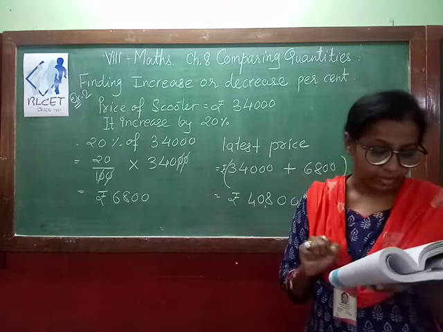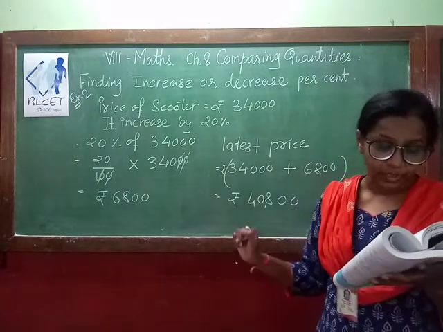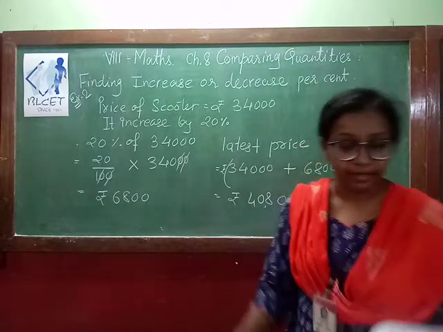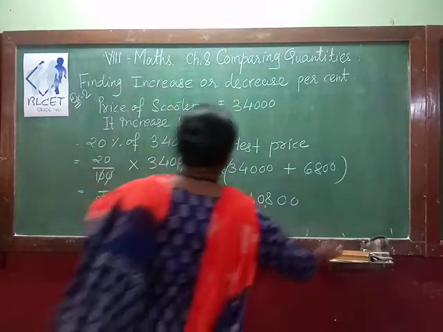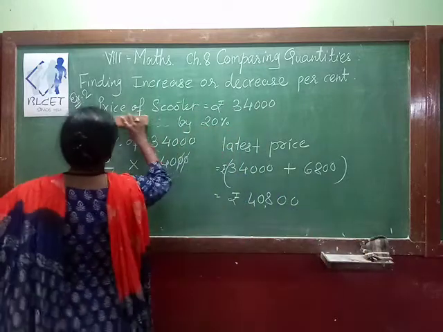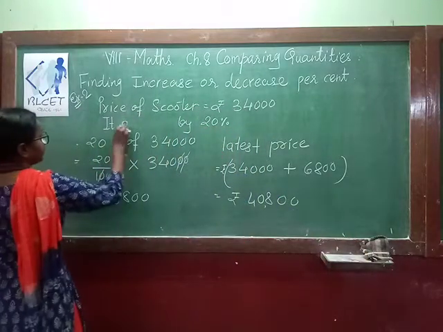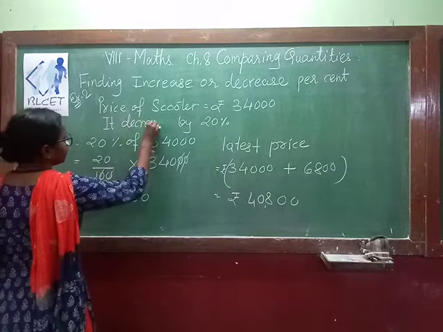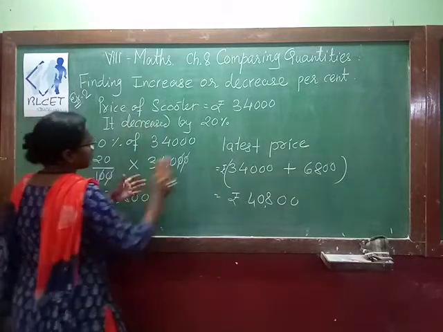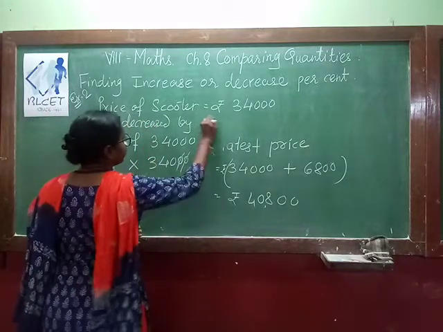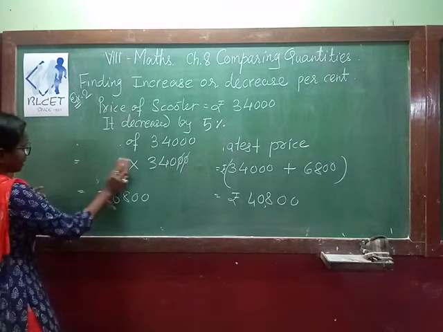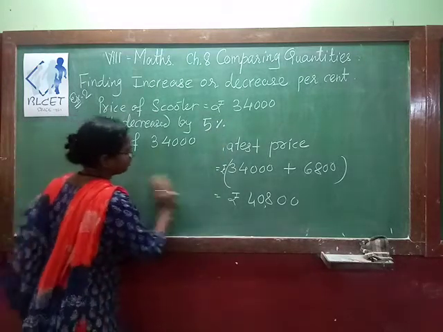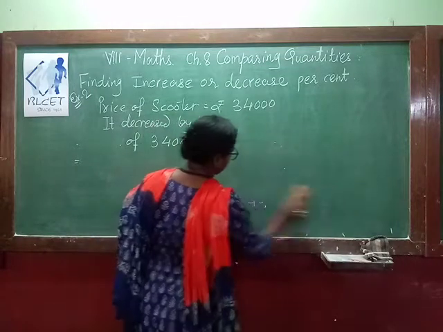Let's see here what is given. The price of the scooter is 34,000 and the decrease rate is 5%. So let's see how to find this. It decreased by 5%. So here we have to find what is 5% of 34,000.